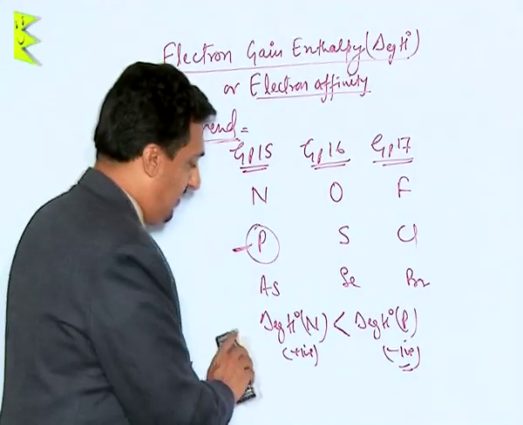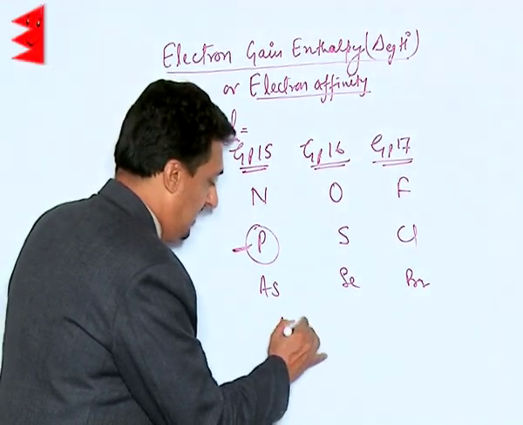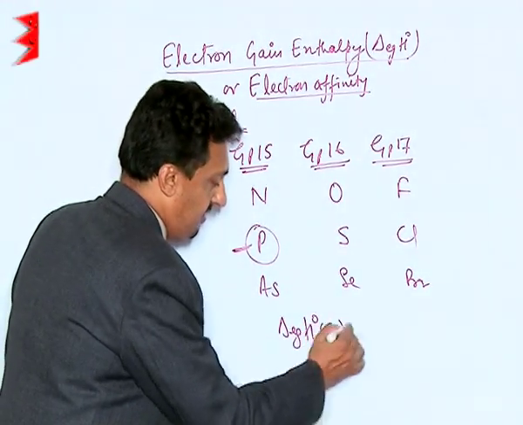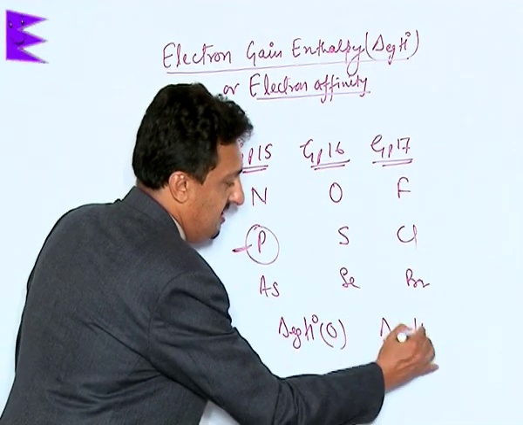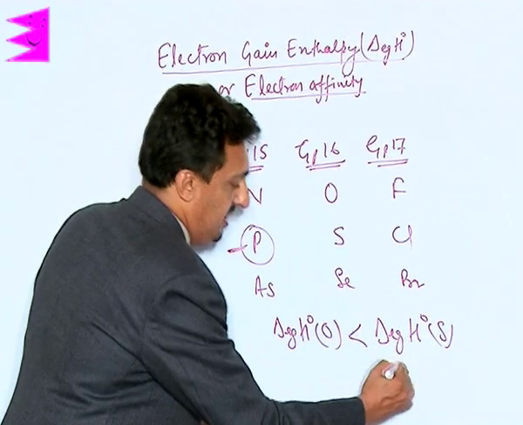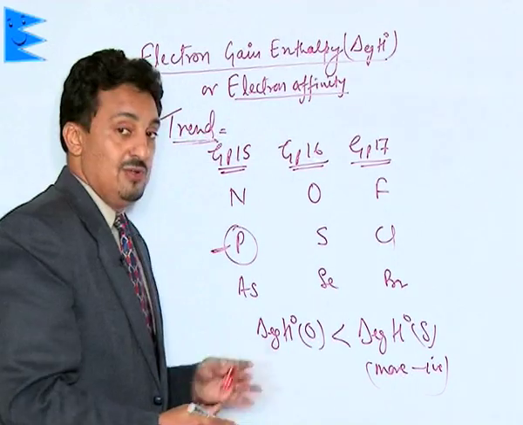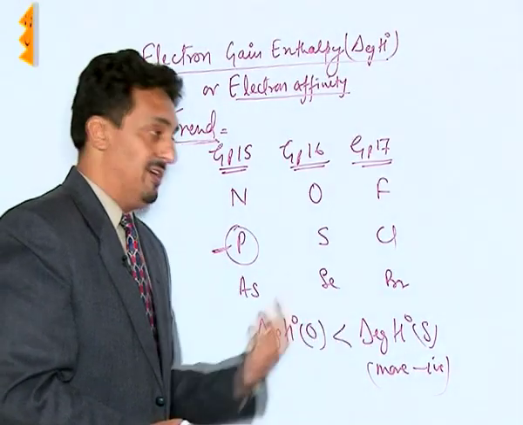Now a similar thing is found in the case of oxygen and sulfur: the electron gain enthalpy of sulfur is more negative, the magnitude is more than oxygen.